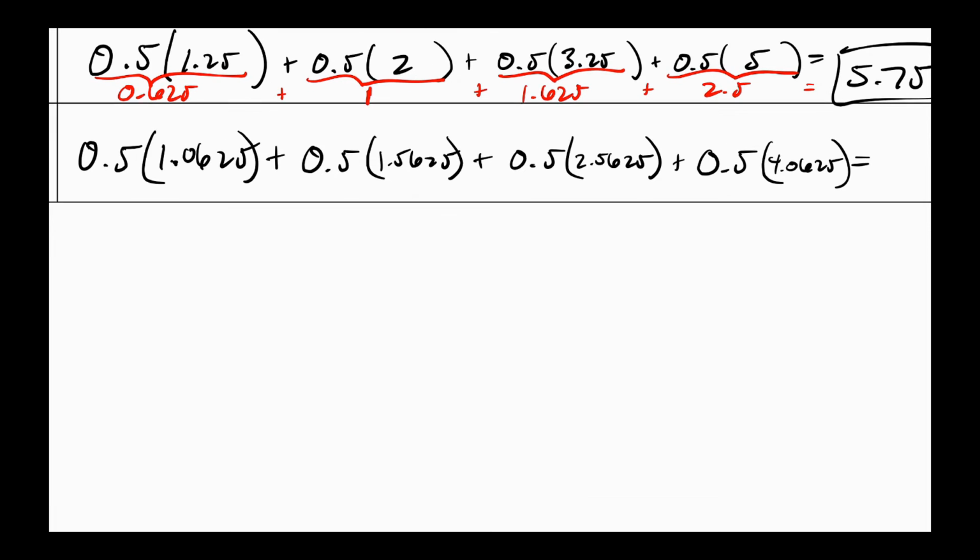Last thing, multiply and add. Since all 4 have a 0.5, a shortcut, I guess, is adding these guys here and then multiplying all of them by 0.5. That's a shortcut if you want to do that, or you can just do all of these and add them together. That's factoring out a 0.5. You don't have to, it's just a shorter way.